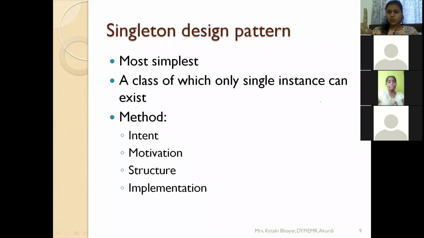Single means one, and as it is a creational design pattern, it provides us a specific pattern to create or instantiate an object. Singleton specifies one, so only once can we create an instance of a class. What it means is that a class of which only a single instance can exist follows the singleton design pattern.